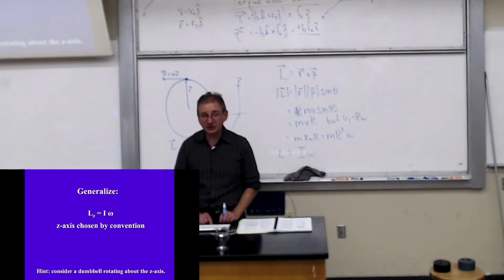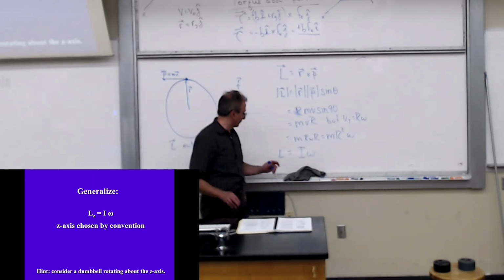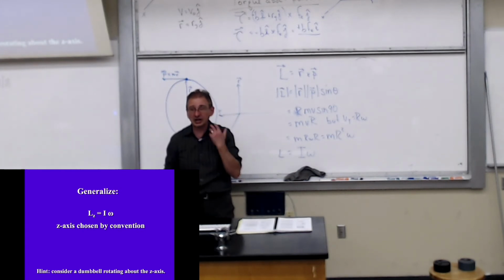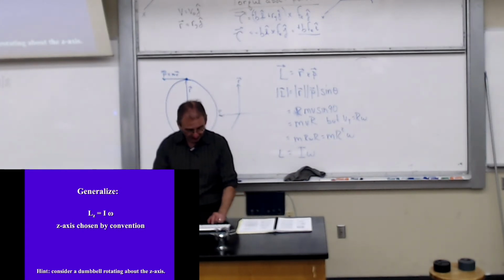The z-axis is chosen by convention, and it's not a vector equation. It looks like a vector equation when these two are parallel to each other, but it's not. I is generally a 3 by 3 matrix, and we're not going to get into the details of that in this course.